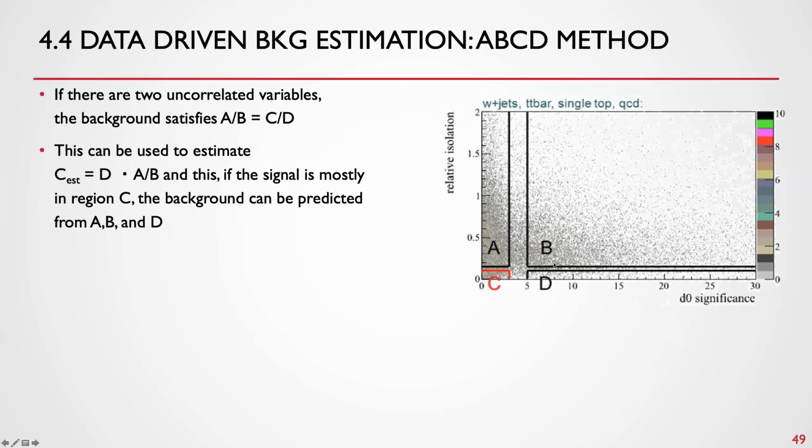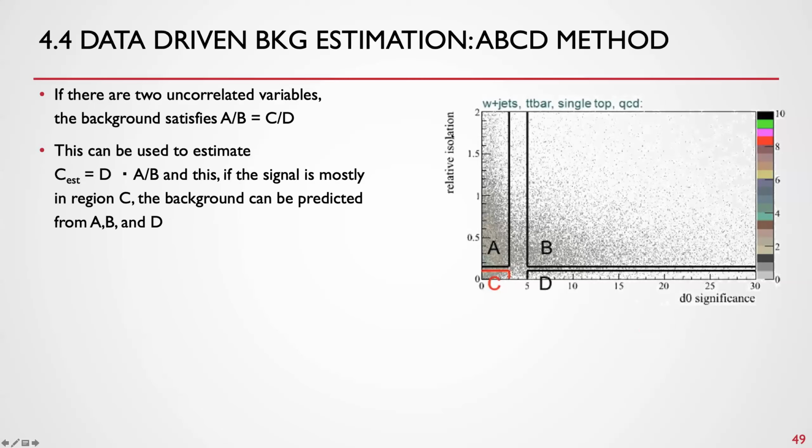So the gray dots to the right amount to a lepton that travels a large distance. So it may come from heavy flavor decay, so a B jet, for example.